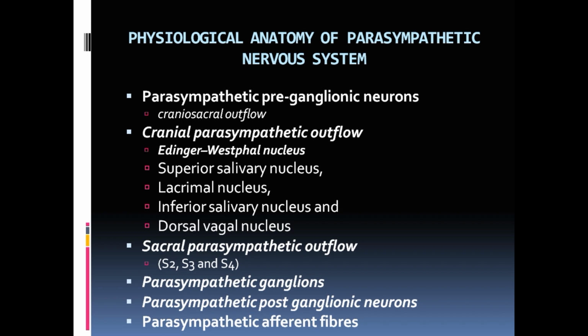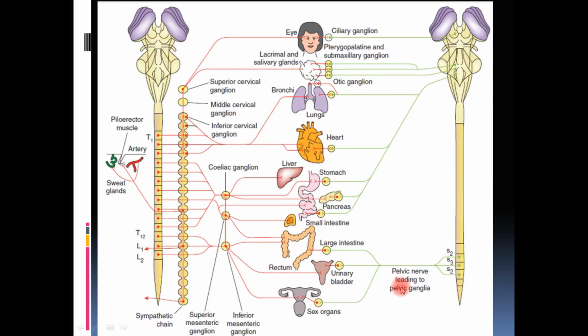Let us look at the sacral parasympathetic outflow. The sacral parasympathetic outflow arises from the S2, S3 and S4 segments. As we can see here in the diagram, the preganglionic fibers arising from these segments are carried through the spinal nerves and then synapse in the peripheral ganglion.